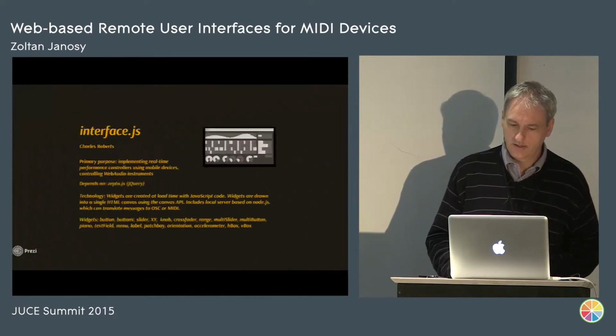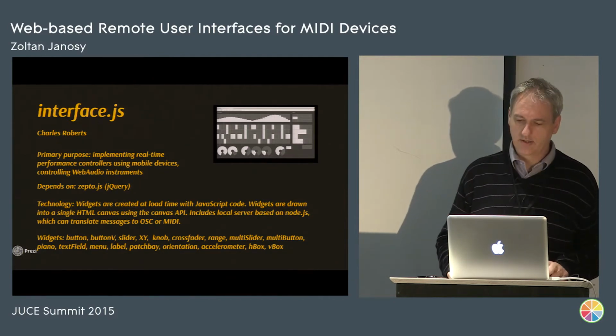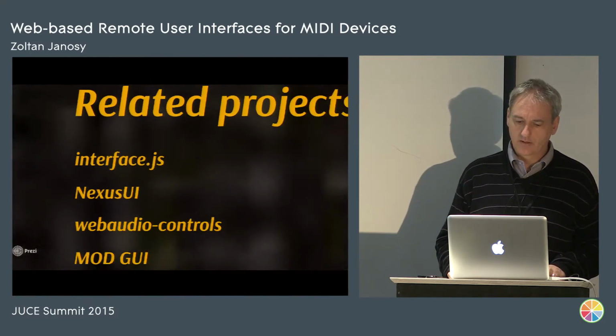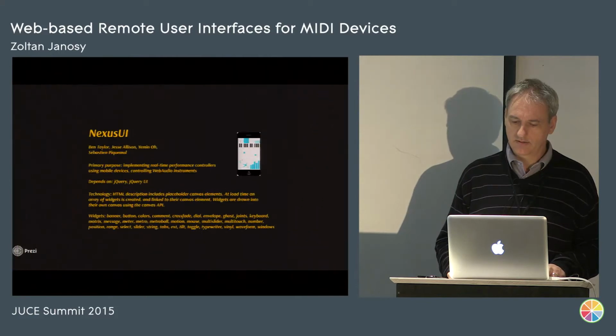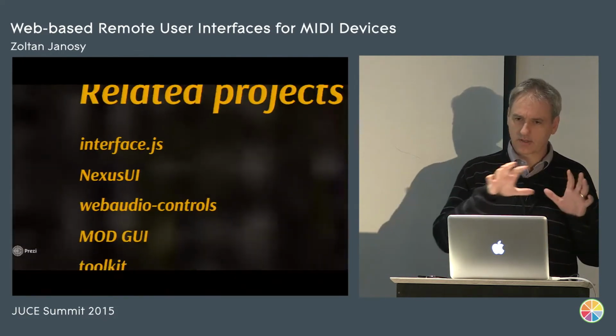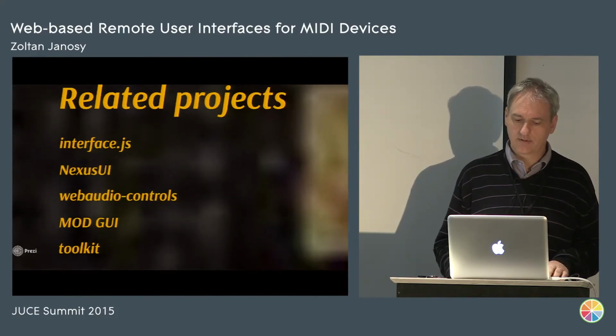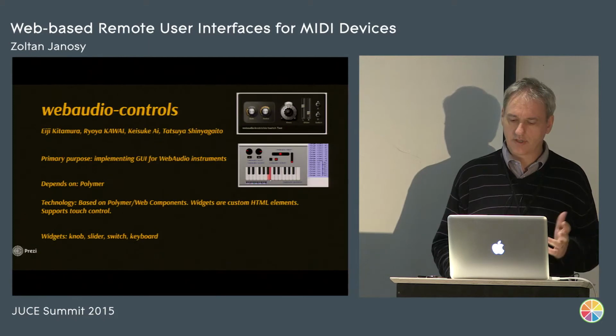For example, here's Interface.js, so you can see the graphics is not very sophisticated. Nexus UI is really similar. All of these technologies are interesting because they are kind of pieces of a puzzle. Everything has some good ideas.